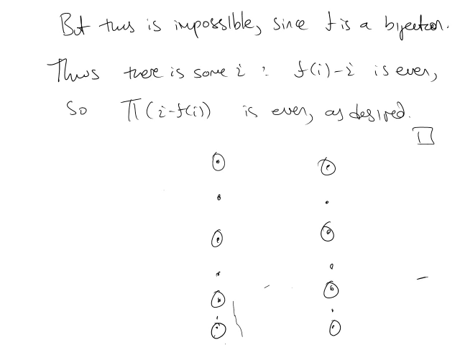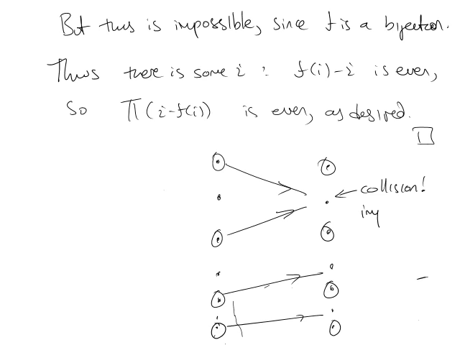And if this thing is a bijection, if all the odds get mapped to evens, then there has to be a collision somewhere by Pigeonhole. And this is not possible because it's a bijection. So what that means is there must be some odd number that gets mapped to an odd number. This dotted line, and that's the one you want. That shows that the product is even.